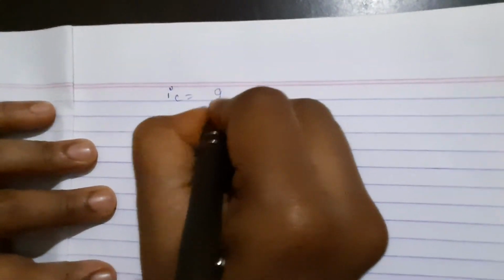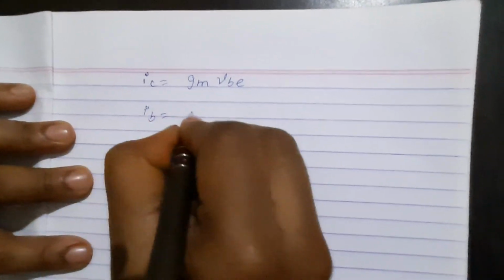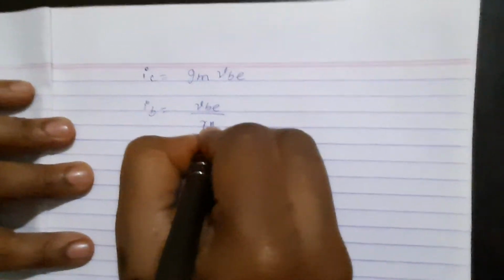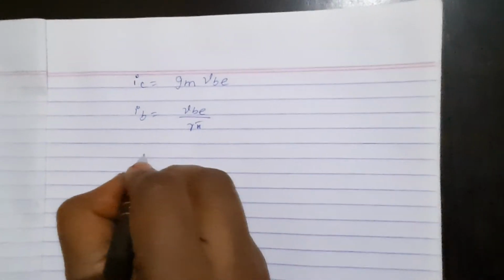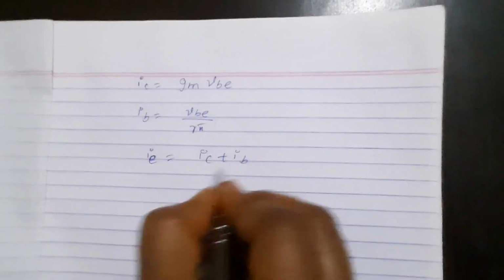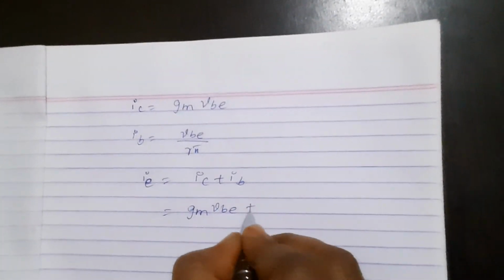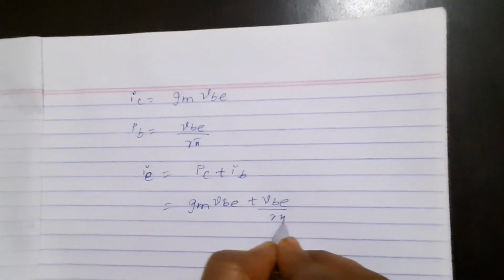We know that IC is equal to GM into VBE. We know this formula, as well as we know that IB is VBE by R pi. Just now we have done this. And IE becomes IC plus IB. Then I'll substitute here GM into VBE plus VBE by R pi.